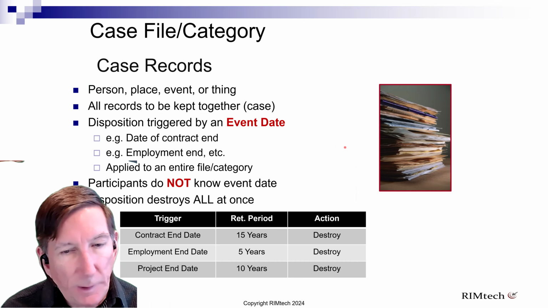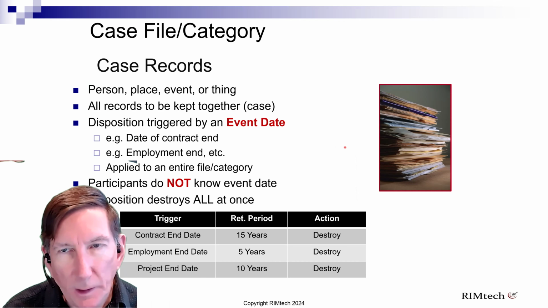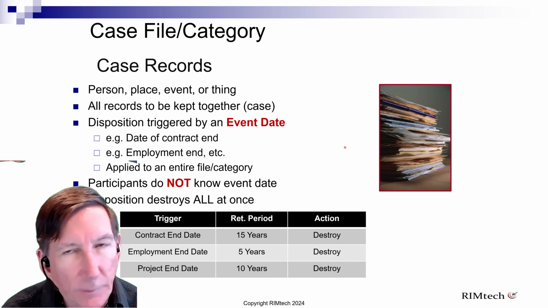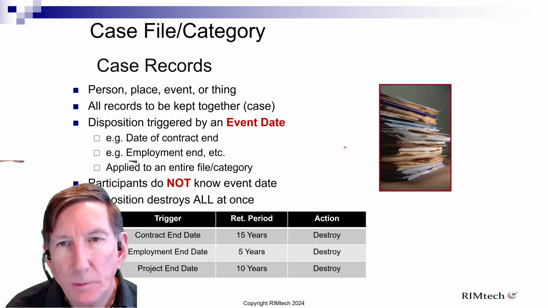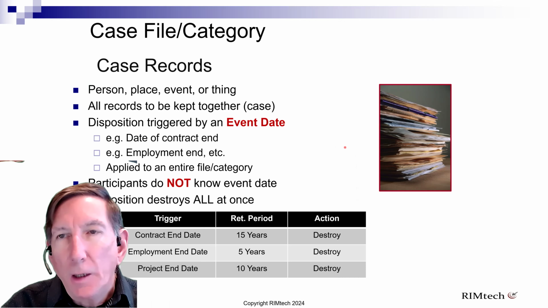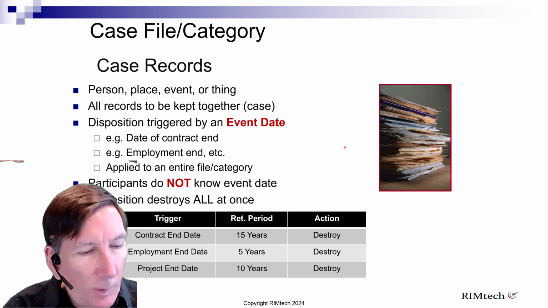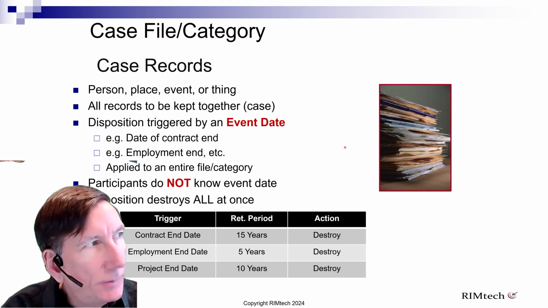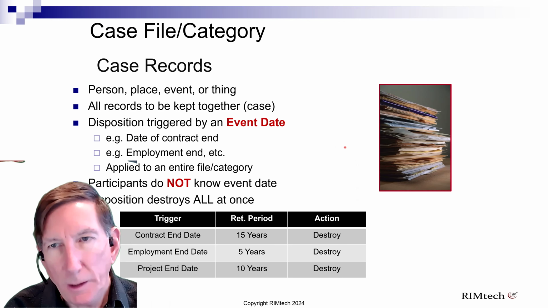So business activity, category, record series, bucket, they all mean the same thing, a business activity with an assigned retention rule. Okay, that's what a retention schedule is, a schedule of activities and rules. So with cases, people, places, events, and things, what's common about those activities is that they all are repeated adventures that come to an end.